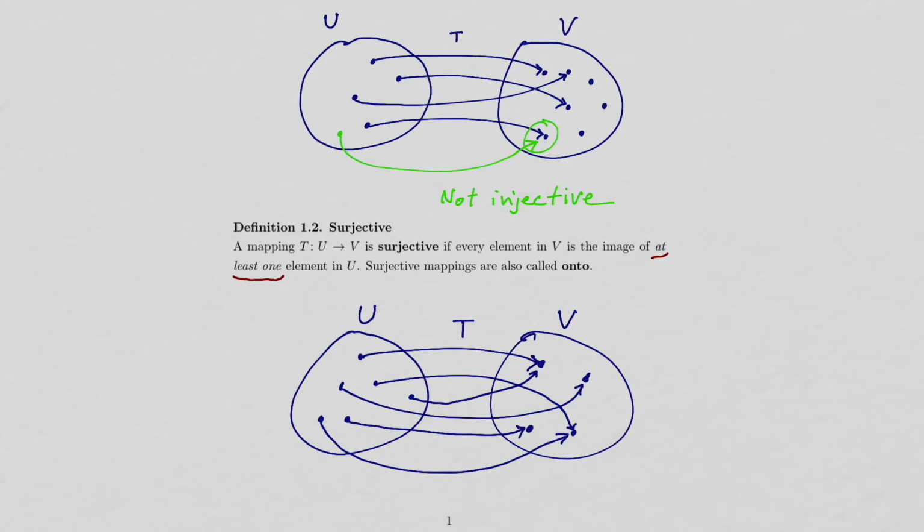But more than one is included in at least one. At least one means 1, 2, 3, 4, 5, etc., but not 0. At most one means 0 or 1, but not 2, 3, 4, 5, etc. If I had some elements like these green ones here inside V that were not the image of any vector in U, then T would not be surjective.